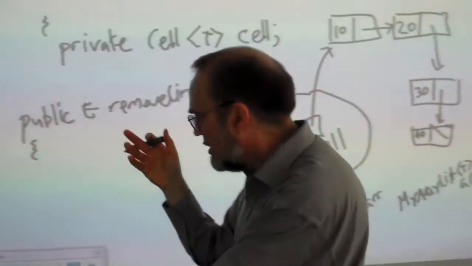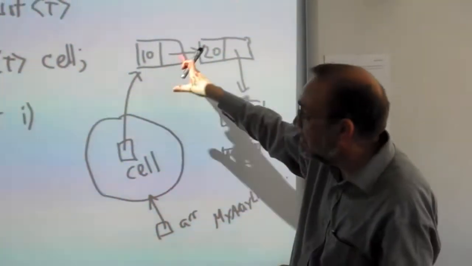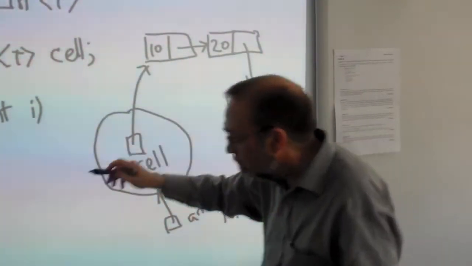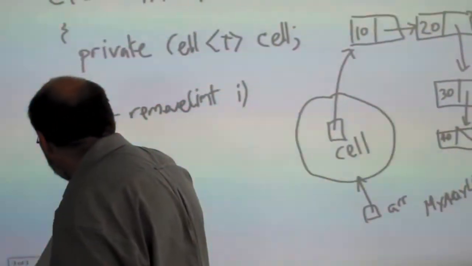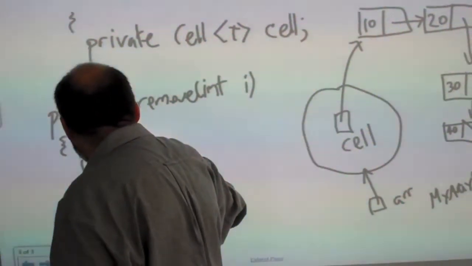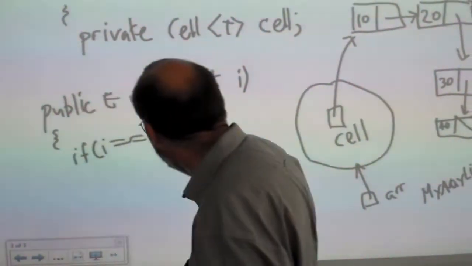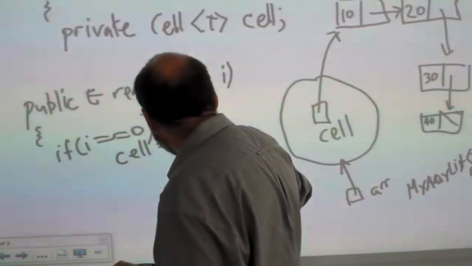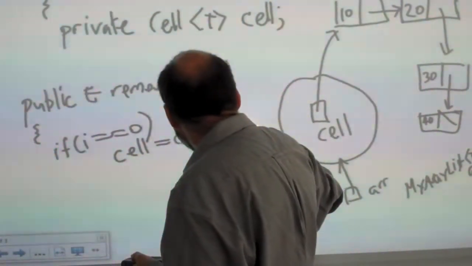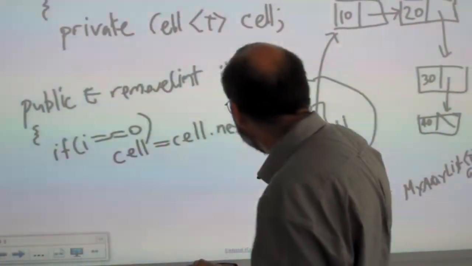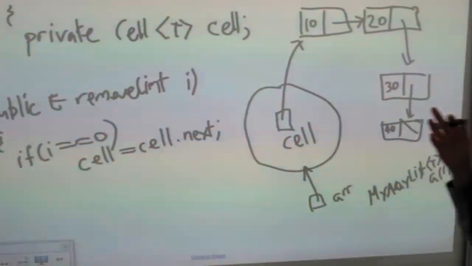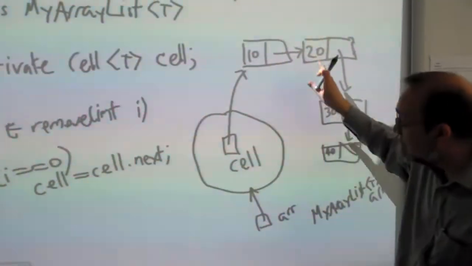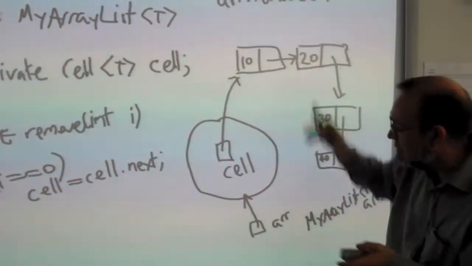I said there's a special case if we're removing the first element, so the cell becomes equal to cell next. So that's if i is 0. I've forgotten something here because I've got a return type, where the element that's removed is returned, so I should return that cell.